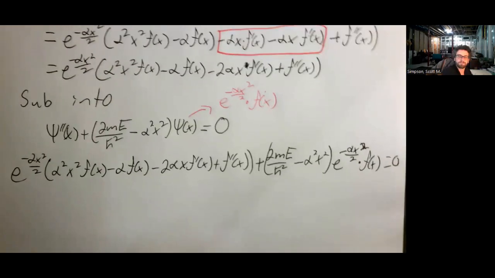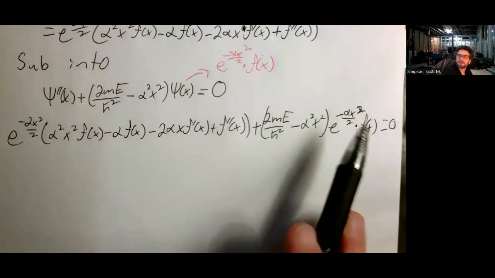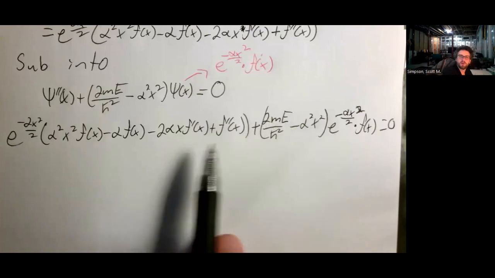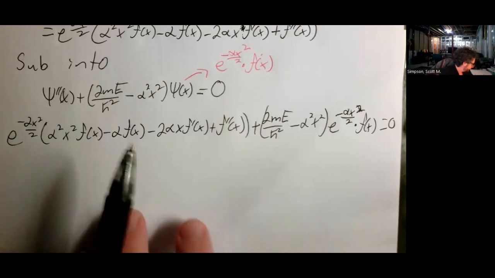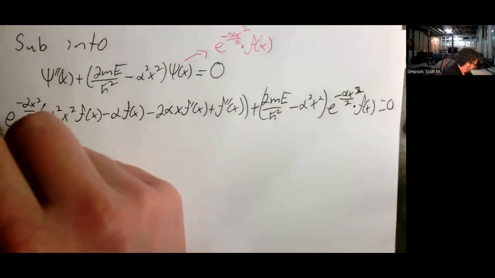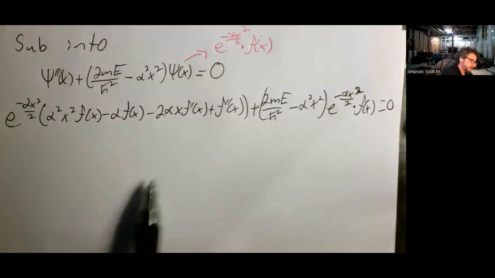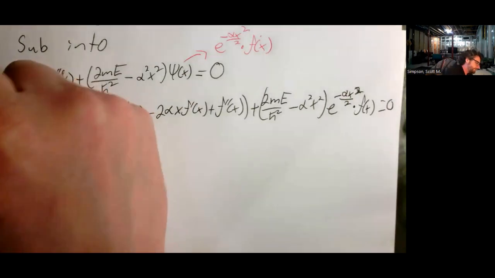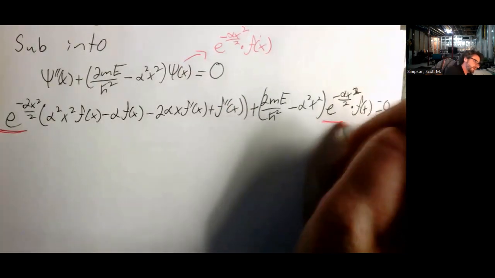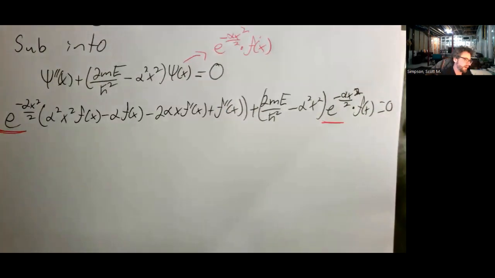I am so sorry. Okay, what we're going to do next is distribute this through, and see if anything cancels out at certain points. So let's do that. The interesting thing is everything is multiplied by this e to the minus alpha x squared over 2. So we can just pull that out. We can divide that through, and since one side is 0, that gets removed, which is nice.